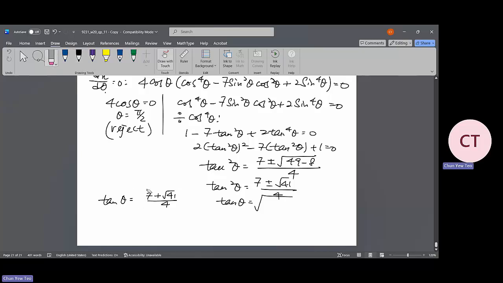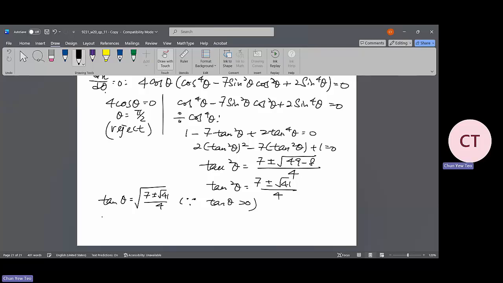Our tangent cannot be negative because our theta is only until pi over 4. It's still in the first quadrant. So our tangent theta, maybe we just write it as this, because tangent theta is positive.